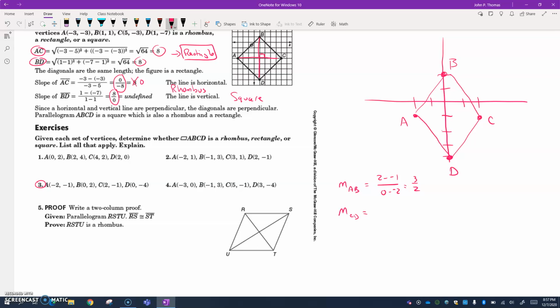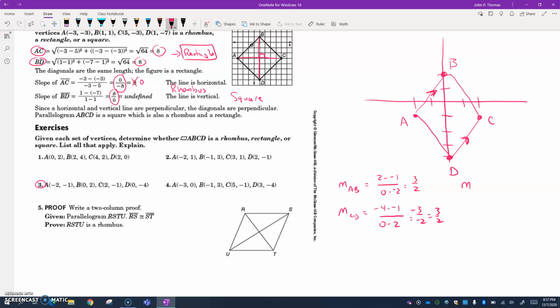When I go to CD, I've got -4 minus -1 over 0 minus 2. If I push that together, that's going to be -3 over -2, or 3 over 2. Right there, that's enough to give me that AB and CD are parallel.